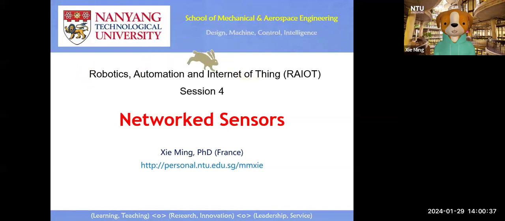So you remember in session 1 we have studied the basic knowledge about robotics, and in particular we have studied the definition of the robot, the history of the robot, application of the robot, right?